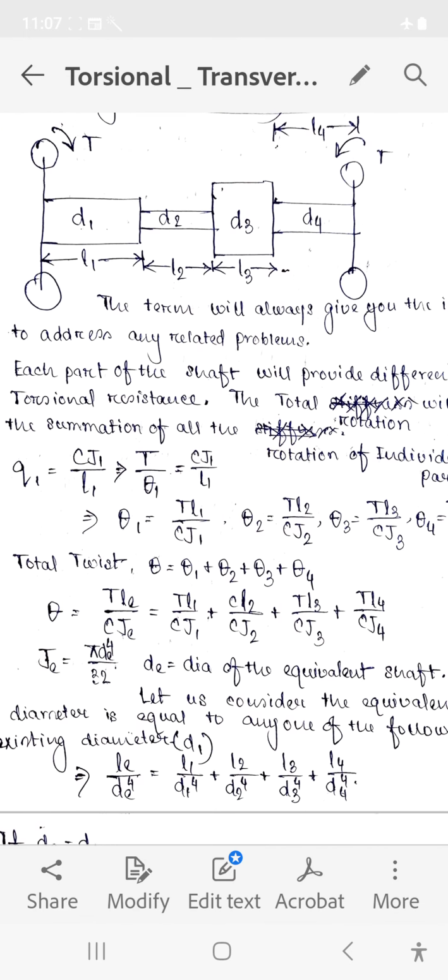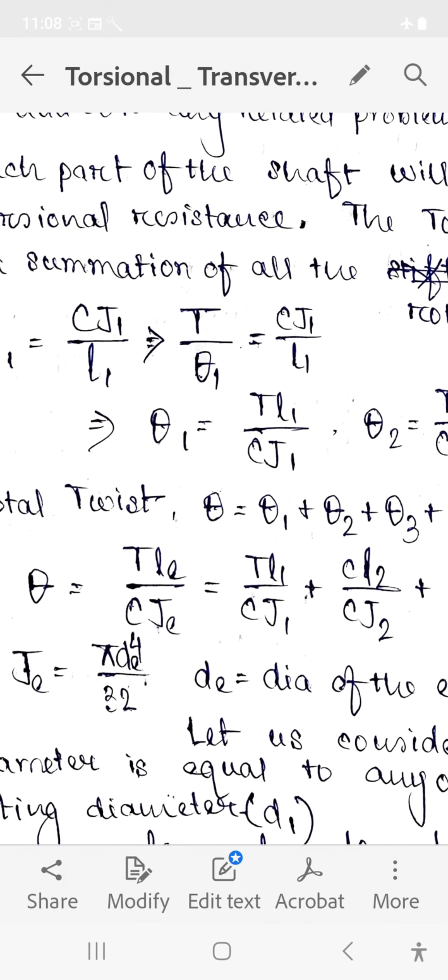From here you see the torque applied was the same throughout the shaft. So if I write the theta expression as TL by Cj, LE is the equivalent shaft length, and C and J are the equivalent shaft's modulus and polar moment of inertia.